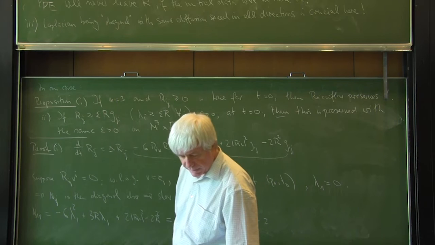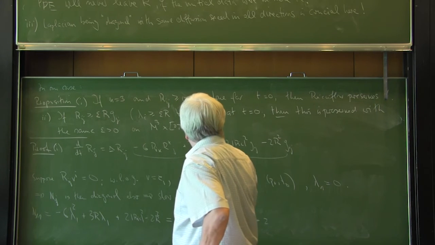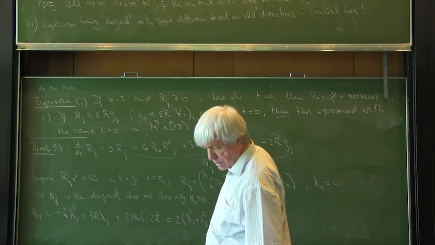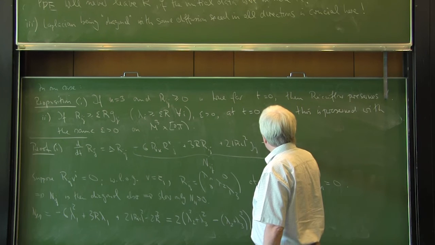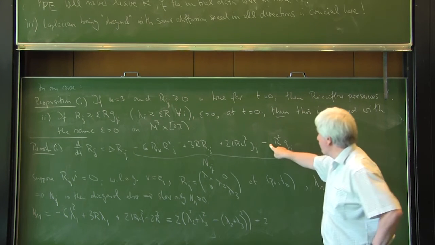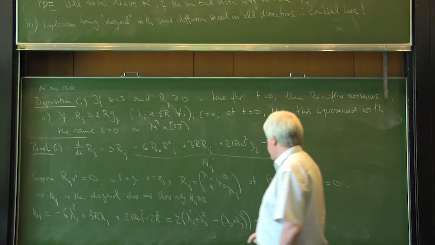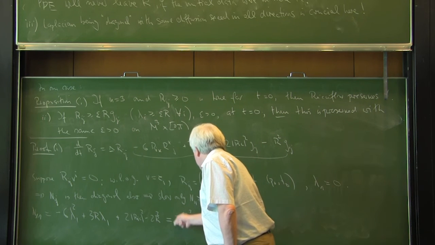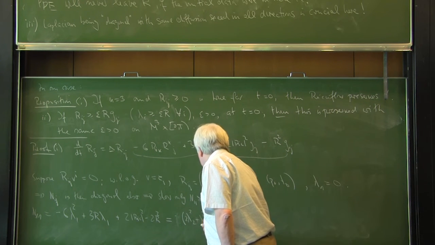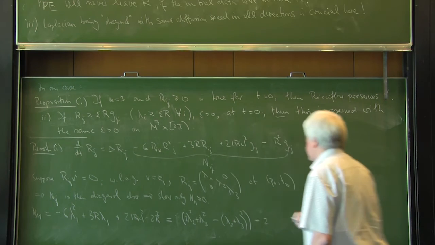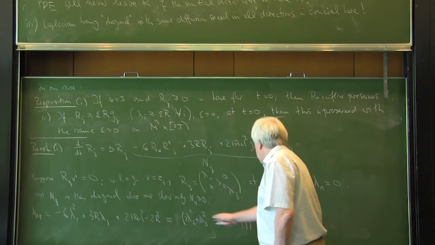Yeah, there was a mistake somewhere. Namely here. This is minus 2 Ricci squared. This is too bad. There's only 1 here. There's not a minus 2, there's just a minus 1. And then I get here 2 times the first one, 2 times lambda 3 squared, and only 1 times this guy.